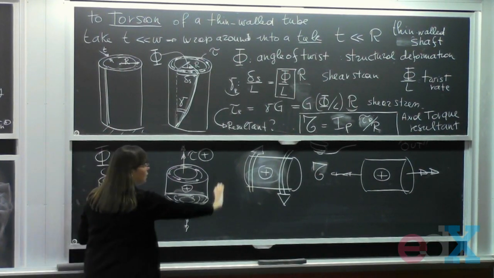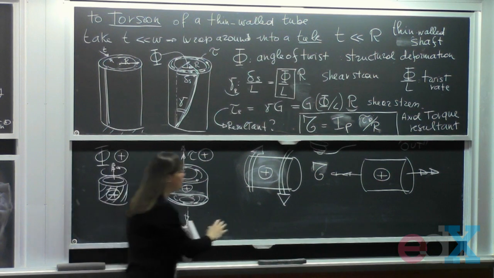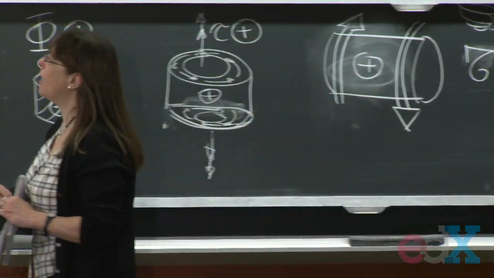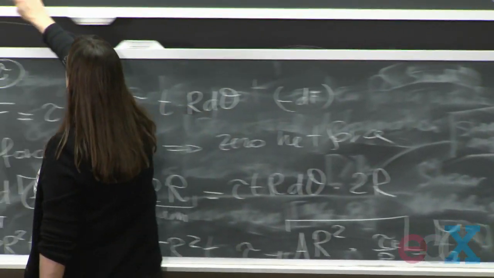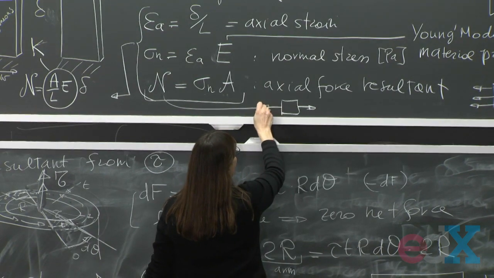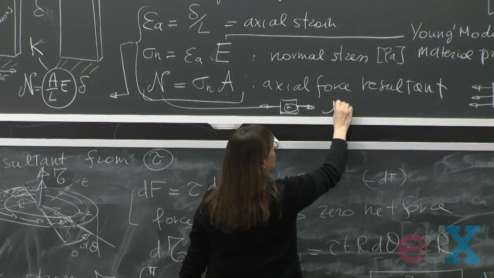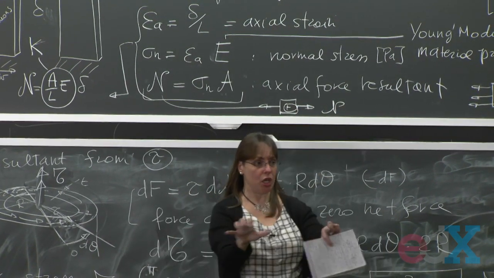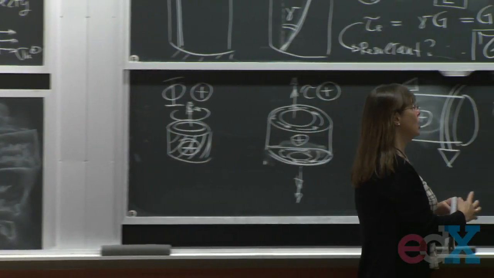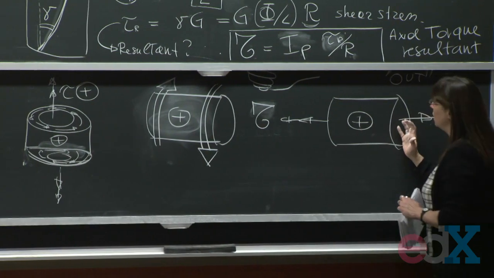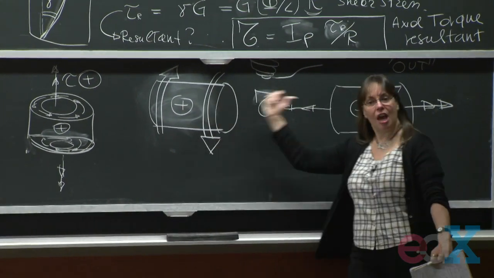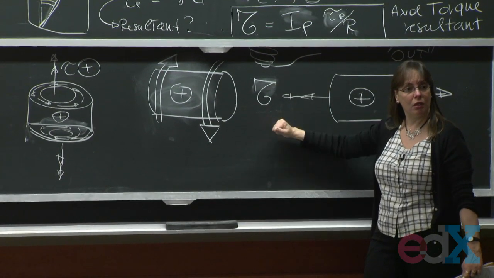Everything is consistent. The same way as for axial loading, a positive N comes out of the surface. So in axial loading, a positive N was coming out of the surface, and the negative N would squeeze the surface. The same thing for torsion. A positive torque resultant twists in a positive way, in a way the thumb comes out of the surface.